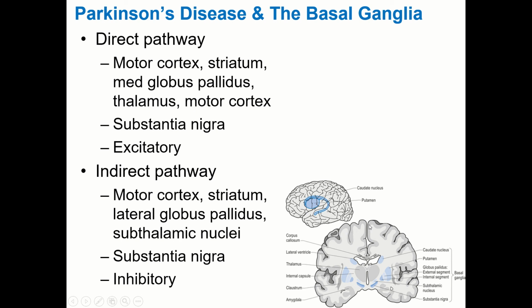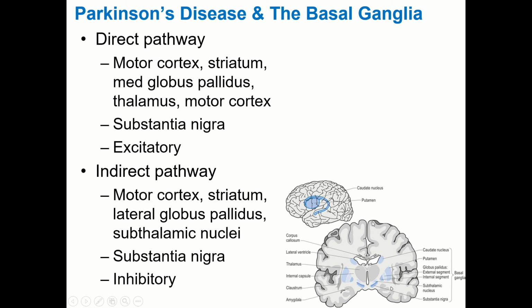Another way of thinking about this is, can I move my leg? So we get the can-I-move-my-leg signal coming down from the primary motor cortex, goes to the striatum, synapses in the medial globus pallidus, goes to the thalamus. Thalamus says, yep, everything's okay. That gets relayed back to the motor cortex, and then the actual excitatory signal comes down. So basically we check first, the basal ganglia says, yep, you can move. Okay, go ahead. And then we get the excitatory signal.